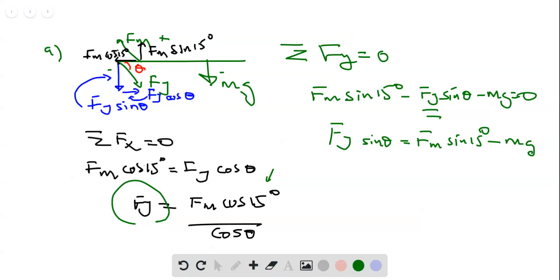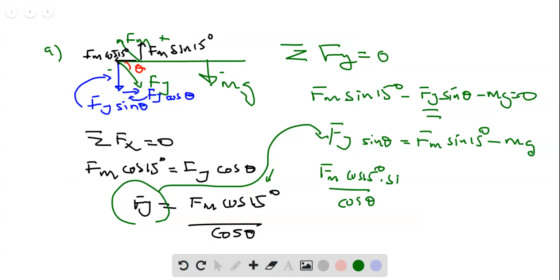And then since Fj is right here, we're going to replace that and say Fm cosine of 15 all over cosine of theta times sine of theta equals Fm sine of 15 minus mg.